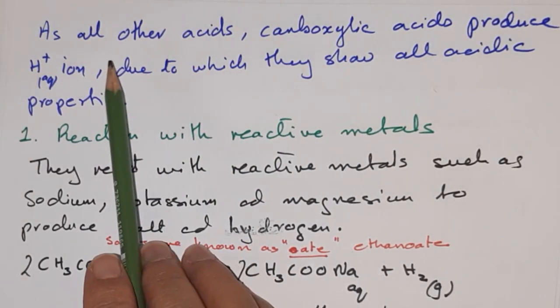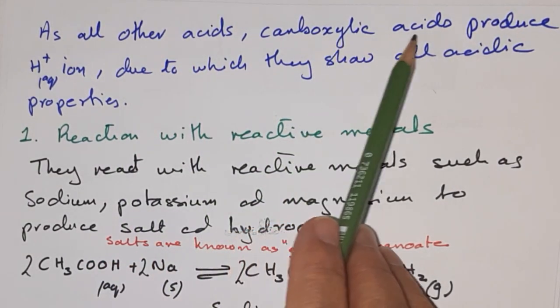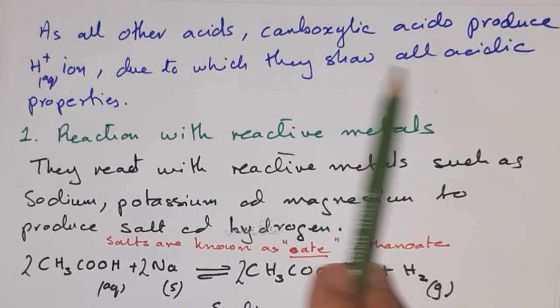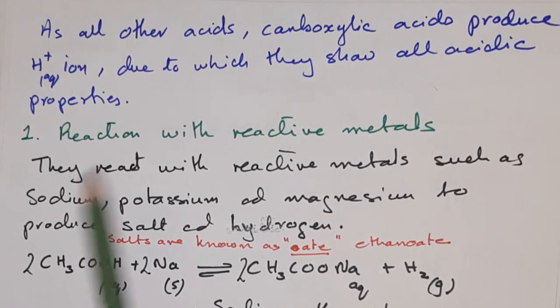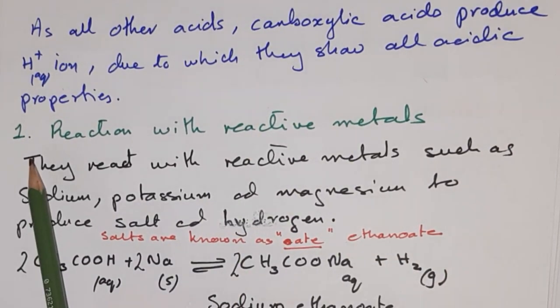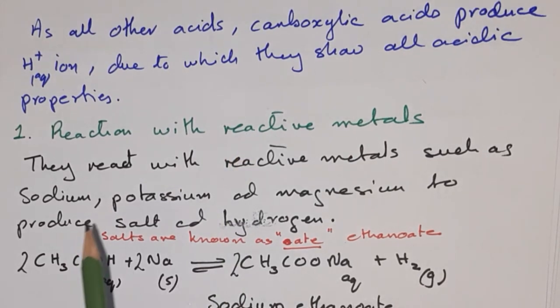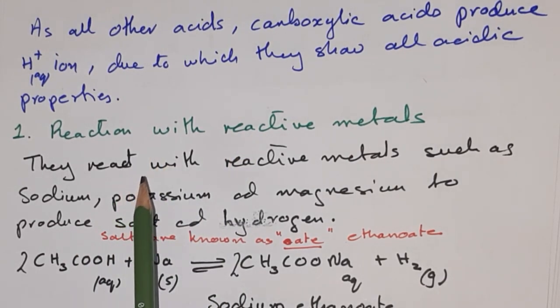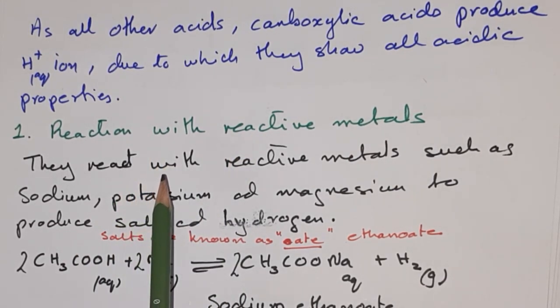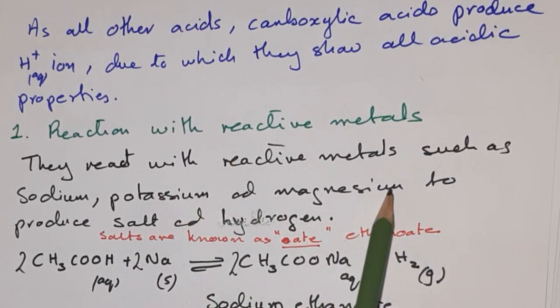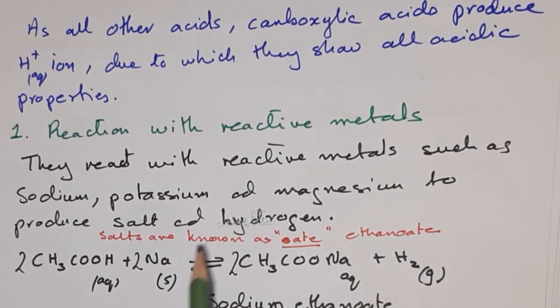Now I come to the reactions. All other acids, carboxylic acids, produce H positive ion, due to which they show all the acidic properties. Now first reaction, reaction with reactive metals. As I have already said, these acids are weak acids, so we need reactive metals to react with them, such as sodium, potassium and magnesium, to produce salt and hydrogen.